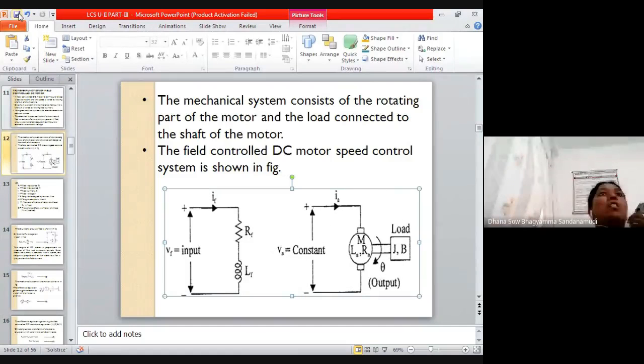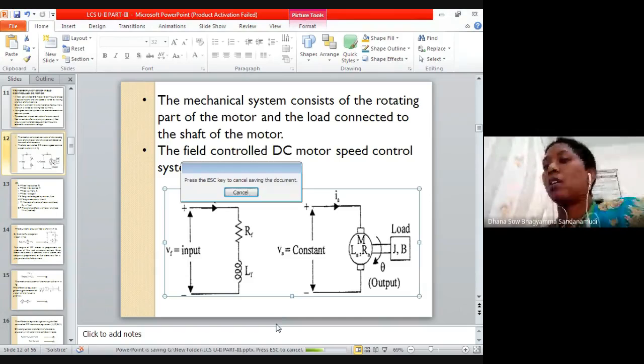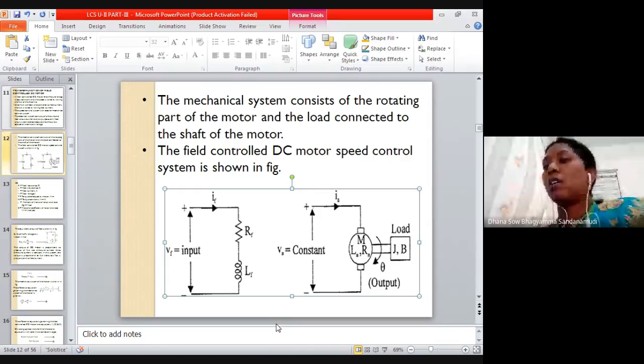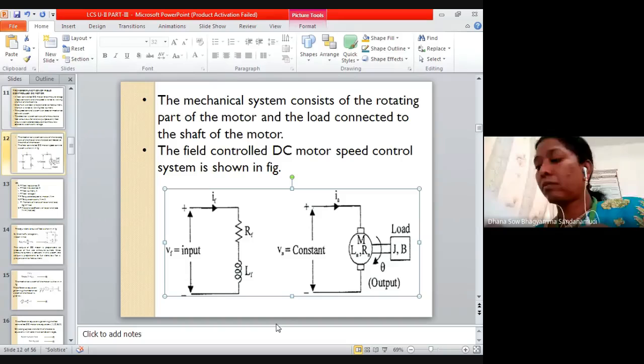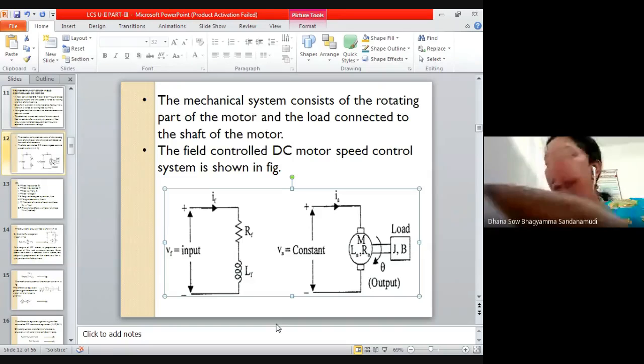So here we are going to keep the armature voltage constant, and we are going to vary the field current. If you observe the axle of the motor, it is connected to the shaft.